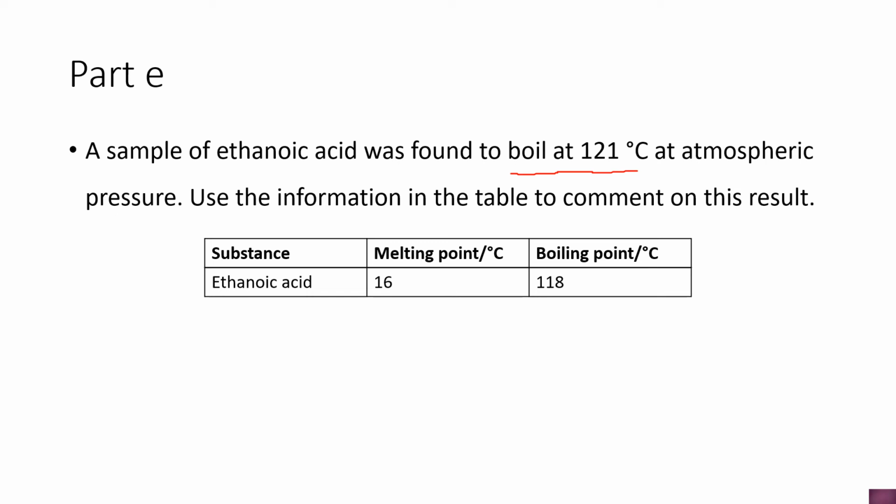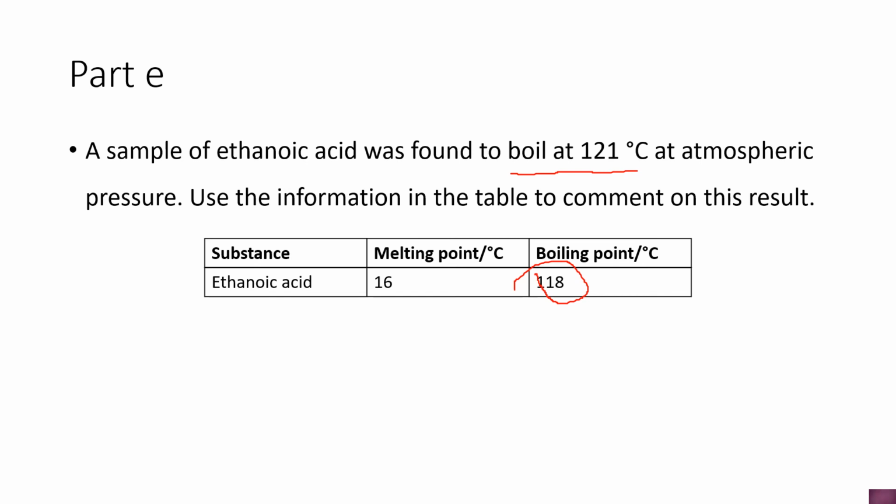And I've told before that you don't need to consider the atmospheric pressure here because the table here also gives the result at the atmospheric pressure. So we have to consider this melting and boiling points here. Mainly the boiling point. So according to this table, the boiling point is 118 and the sample gives 121.